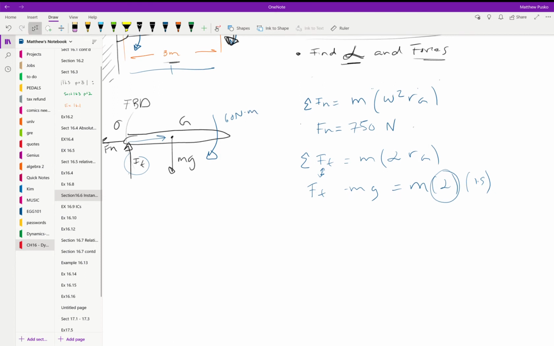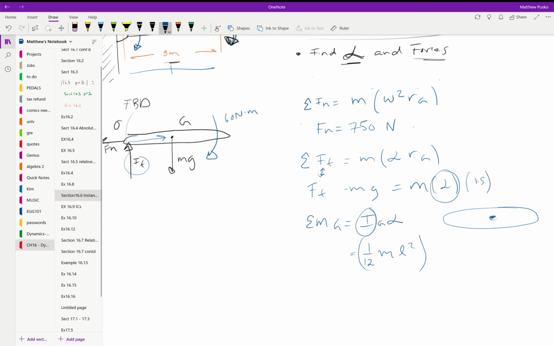Alright, now let's sum the moments about G. It's going to be equal to Ig alpha. The thin slender rod part is important because what is our I in this case? If you look at a thin slender rod that is rotating about the center, it's the easiest method, or of least resistance. We get our I to be 1/12 m l squared, and you can find that on the internet or in the book.